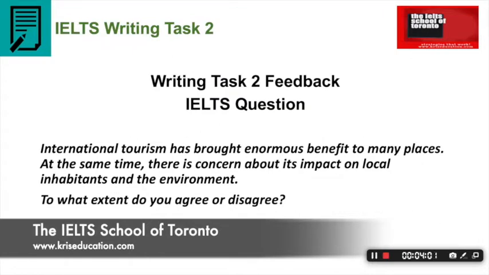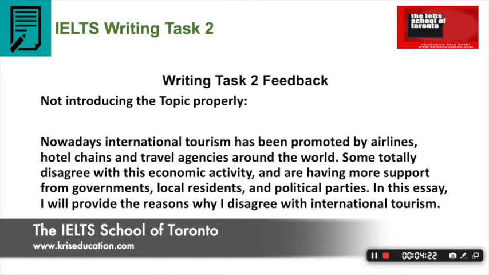So another time, all you need to do is write a broad sentence where you mention international tourism. This is important because you are showing the examiner that this essay will be about international tourism, and then introduce both sides and pick a side. The examiner needs to read your opinion.